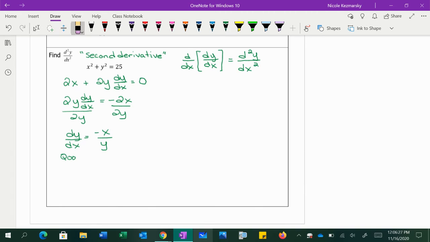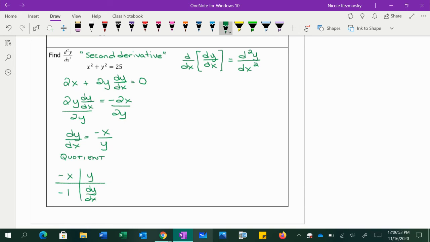Whoops, let me make that look like a U. So I'll write quotient here to remind us that we're doing quotient rule. So I'm going to set up my box and put negative x and y in the upper row. Derivative of negative x is negative 1. Derivative of y is dy dx.